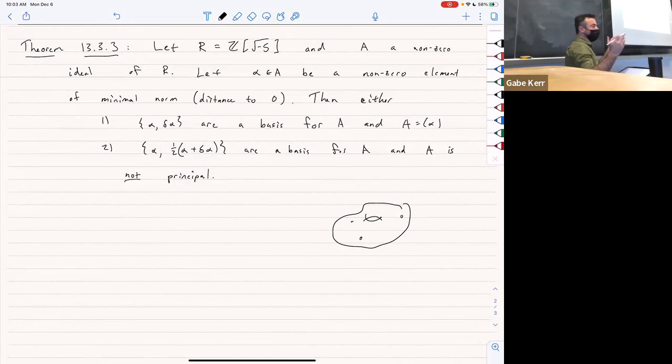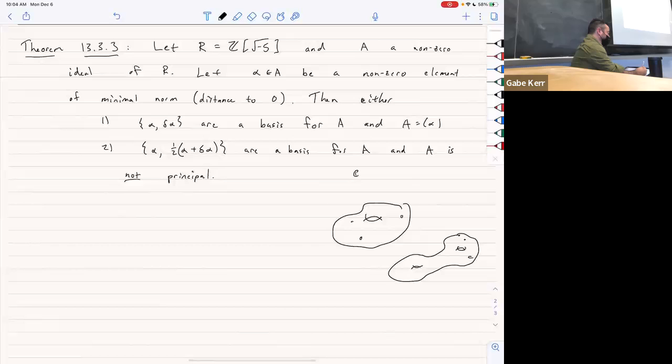Look at curves with some punctures. You get things like donuts, glazed donuts. These can be described by a single equation, a single polynomial, over the complex numbers.